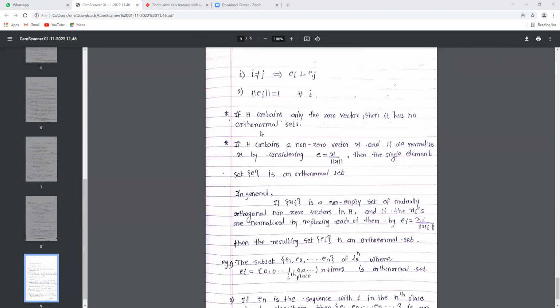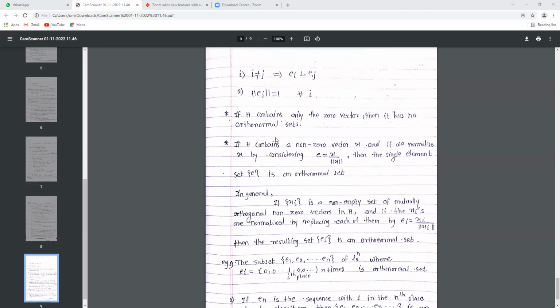Now see the property: if H contains only the zero vector, then it has no orthonormal sets. Keep in mind, if a space contains only the zero vector, then it has no orthonormal set.